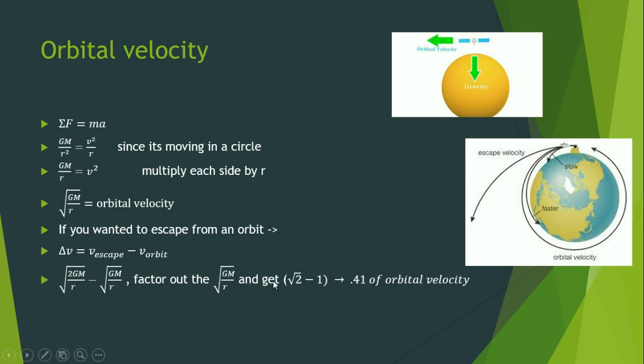And if you actually do this in your calculator, the square root of 2 is about 1.41. If you subtract 1 from that, you get 0.41 of the orbital velocity. So basically, that's how much you have to increase your speed to escape from orbit.